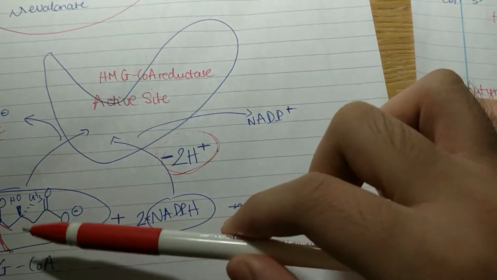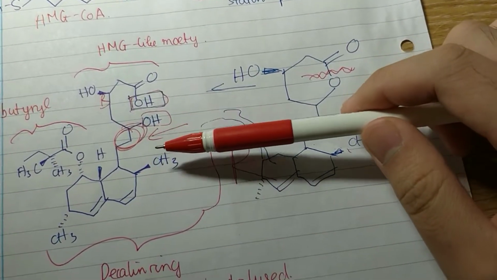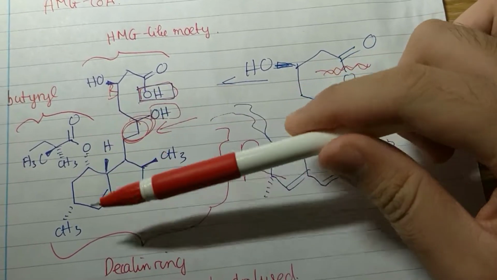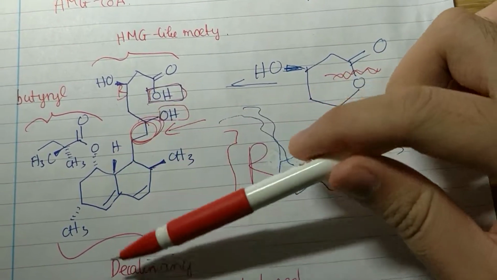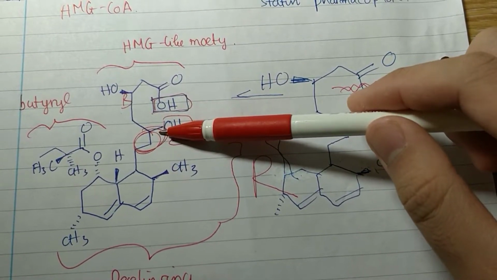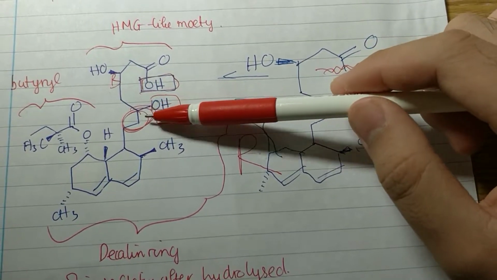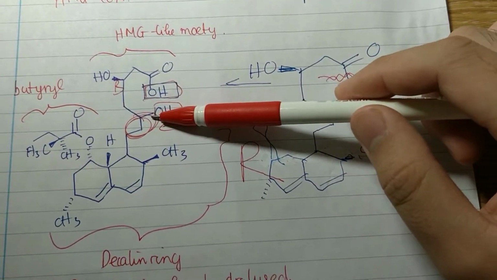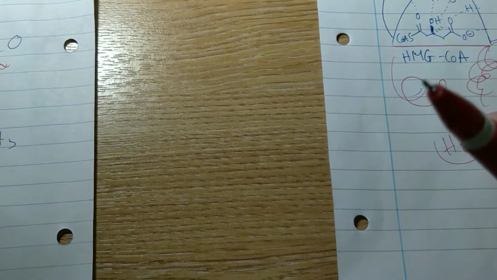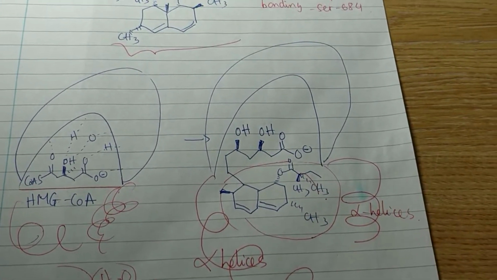Well, in simvastatin, the S-CoA group is replaced by the hydrophobic butyl group here, and the bond attached to this carbon here is very stable and is not easily broken upon the hydride transfer. So that makes simvastatin more stable than HMG-CoA at the active site.